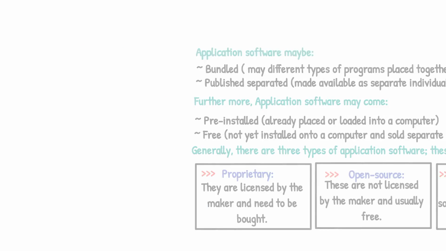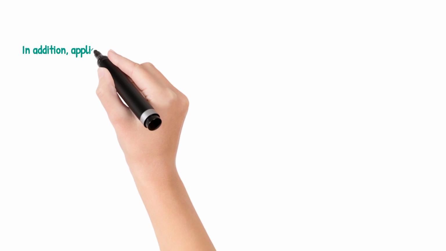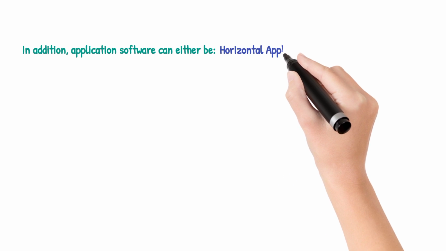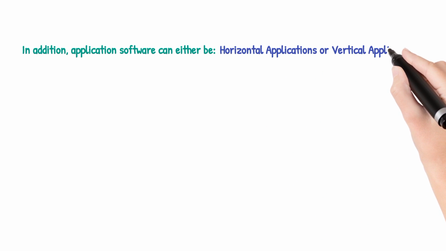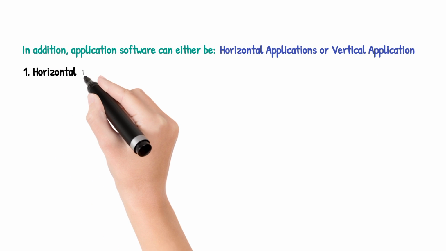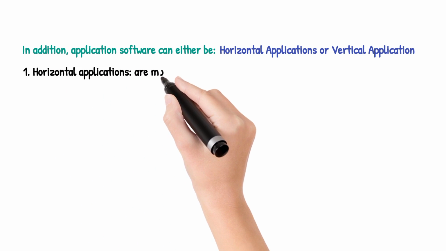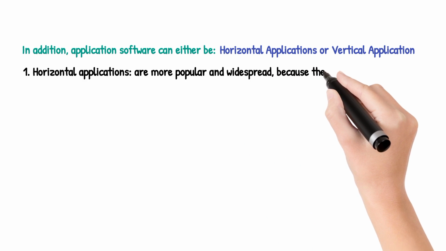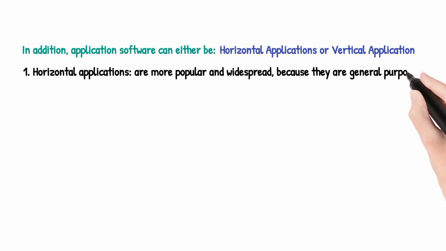In addition to what has already been said, application softwares can either be horizontal applications or they can be vertical applications. Horizontal applications are applications which are more popular and widespread because they are general purpose.